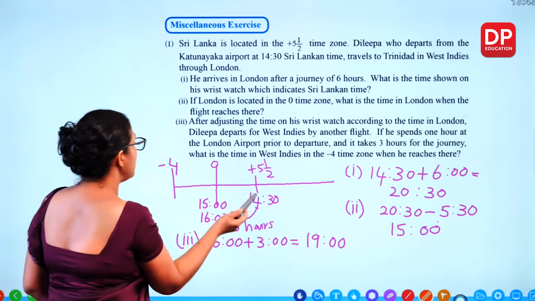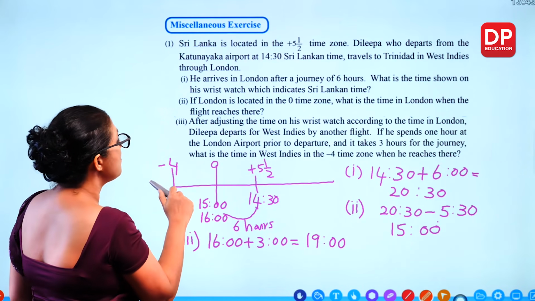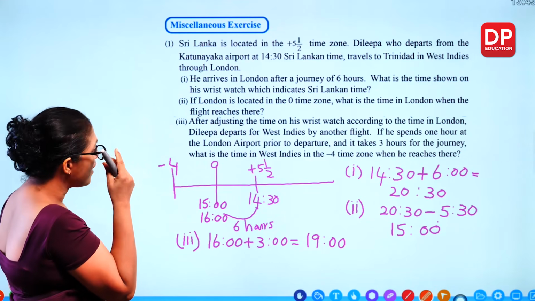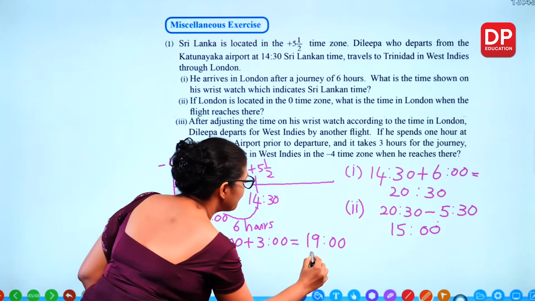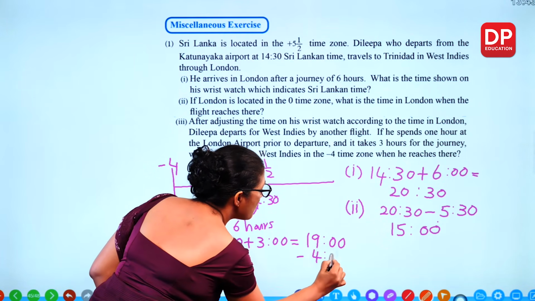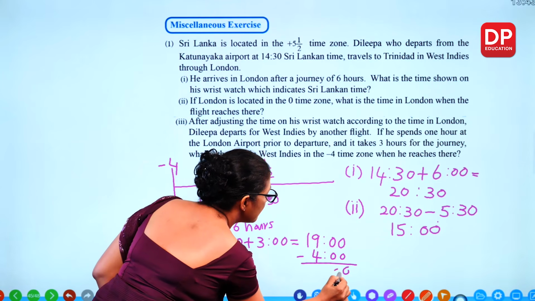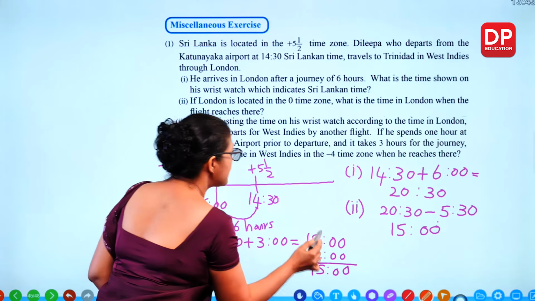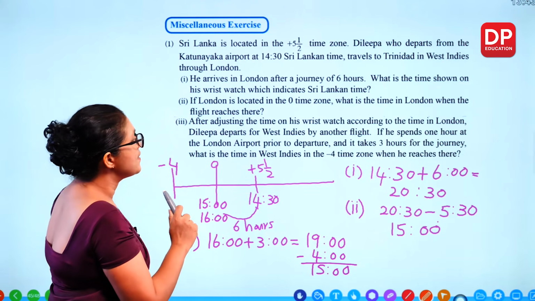But actually, what's the time in West Indies? You have to subtract 4 from that. Subtract 4 from that, you get 15 hours. That's the time in West Indies.